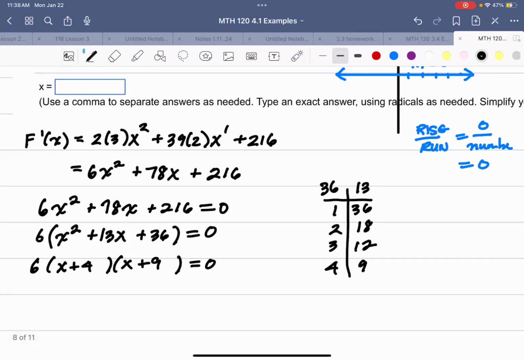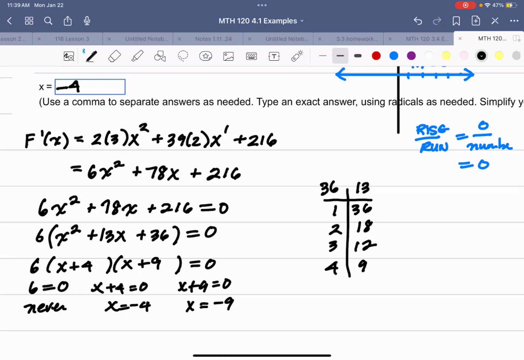And 6 equals 0, never. x plus 4 equals 0 if x is negative 4. And x plus 9 is 0 if x is negative 9. So the two values where the tangent line is horizontal are negative 4 and negative 9.